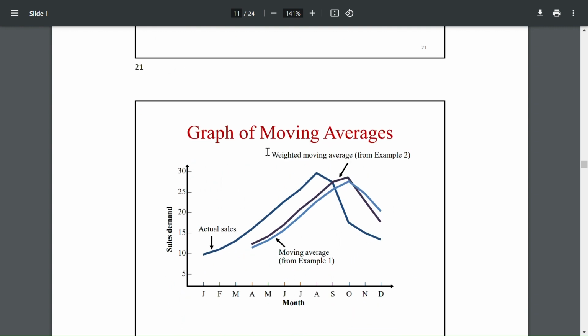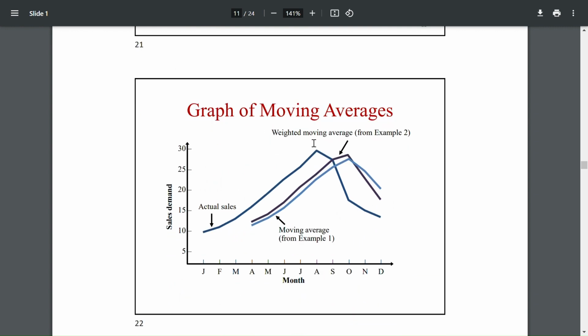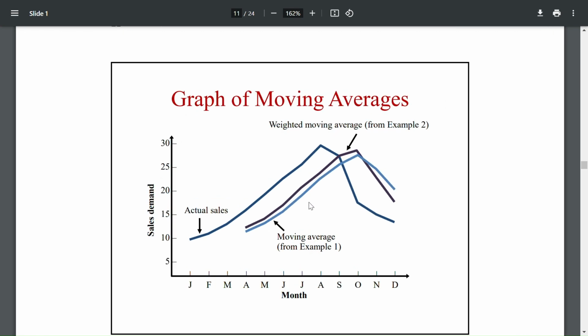And this is a graph of the moving averages. The weighted moving averages, as you can see, are the blue and green lines here, and this is the actual sales. We can see that the weighted moving average predicts the actual sales better than the moving average, as you can notice, it is closer to the real actual values.